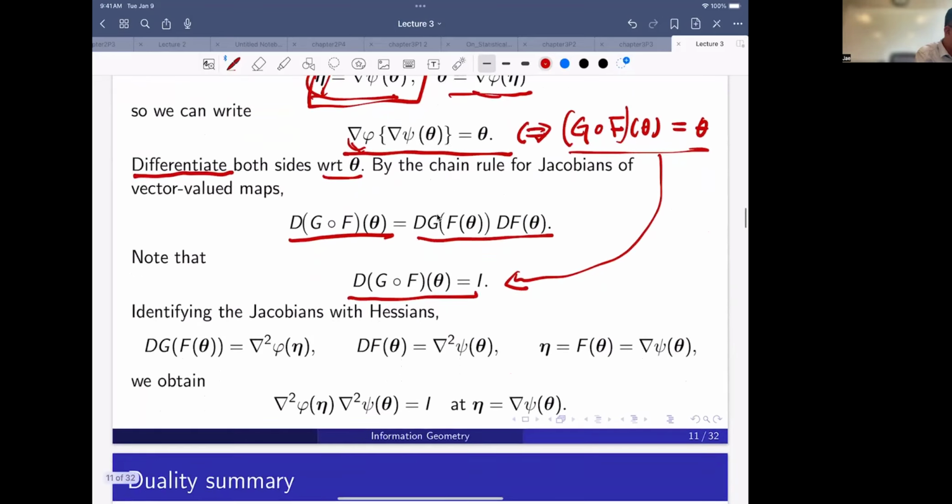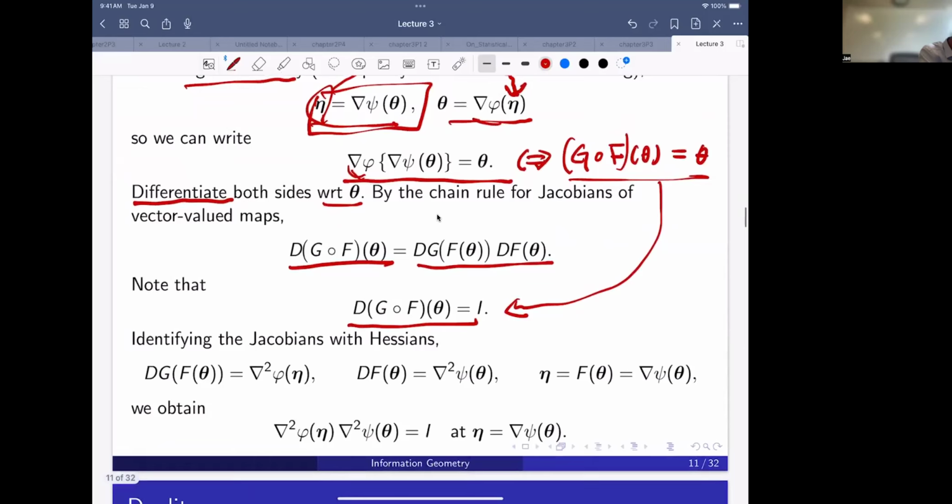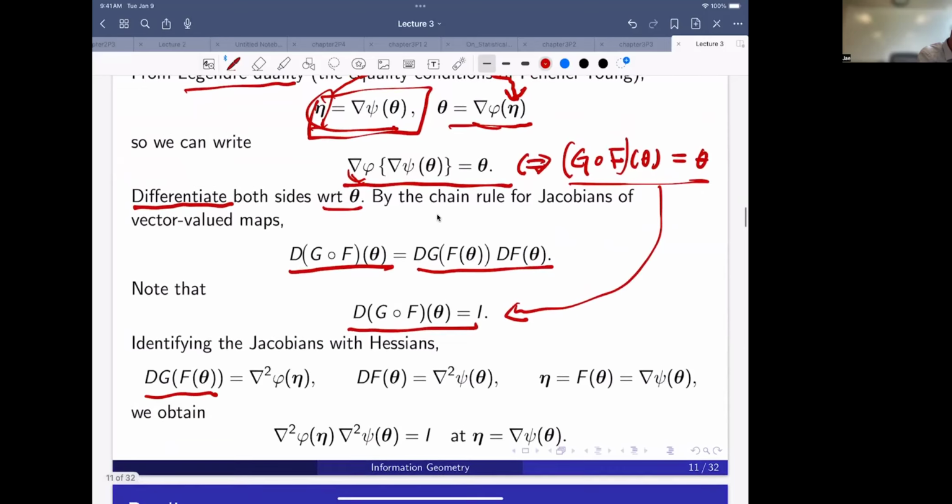So we only have to evaluate what that means, which is not difficult.